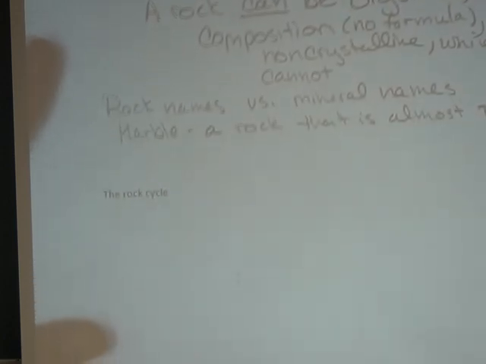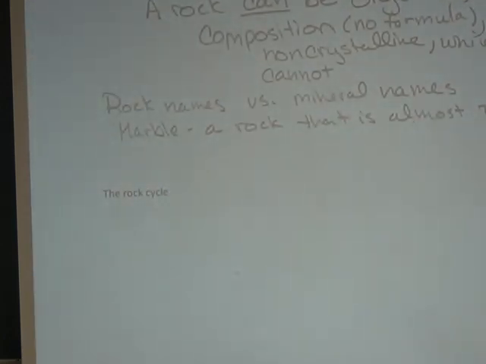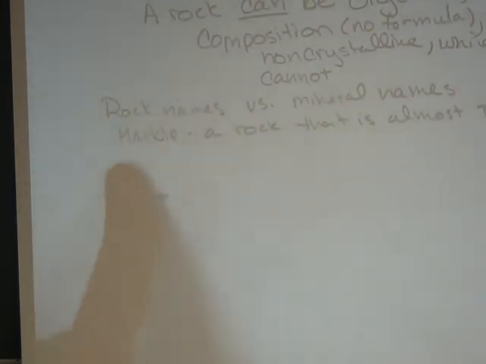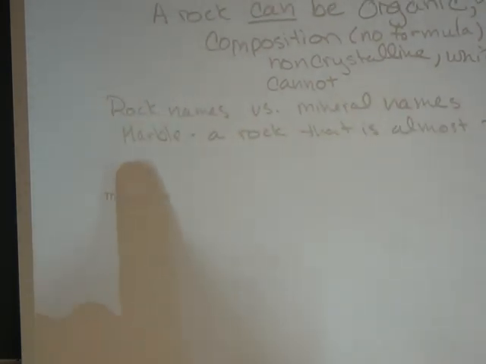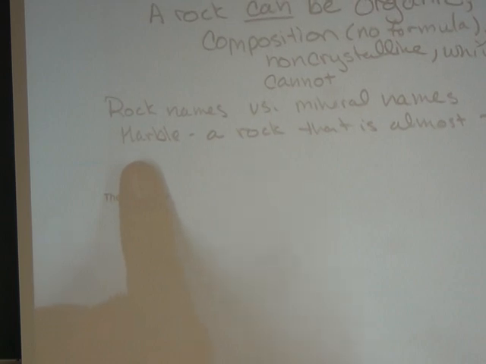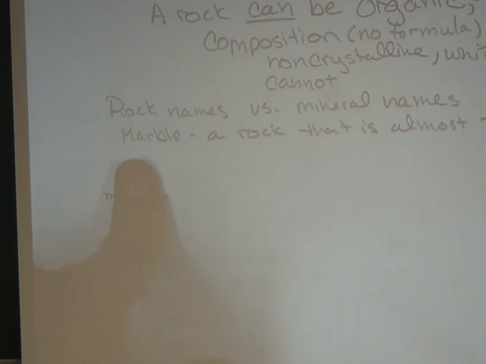So on the test, if I ask you whether this is a rock or a mineral, don't get mistaken and say, well, that's a rock that's purely that mineral. No, there are rock names and mineral names. When we find calcite in a particular form, in a particular context, we would call it marble, even though marble is pretty much just 100% pure calcite.